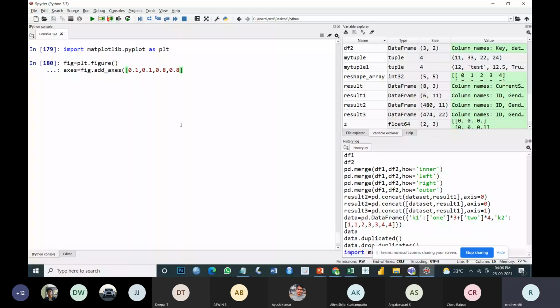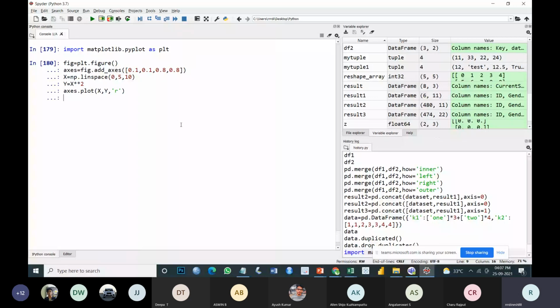Then x equal to np.linspace of 0, 5, 10. So we use linspace. y equal to x squared. Then axes.plot of x, y, 'r'. The r is for a red color line.